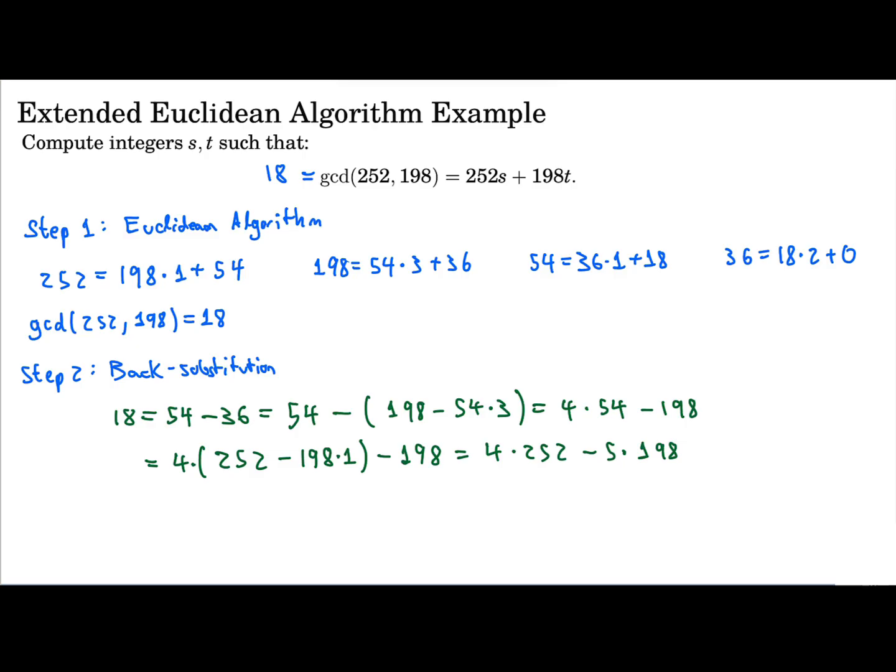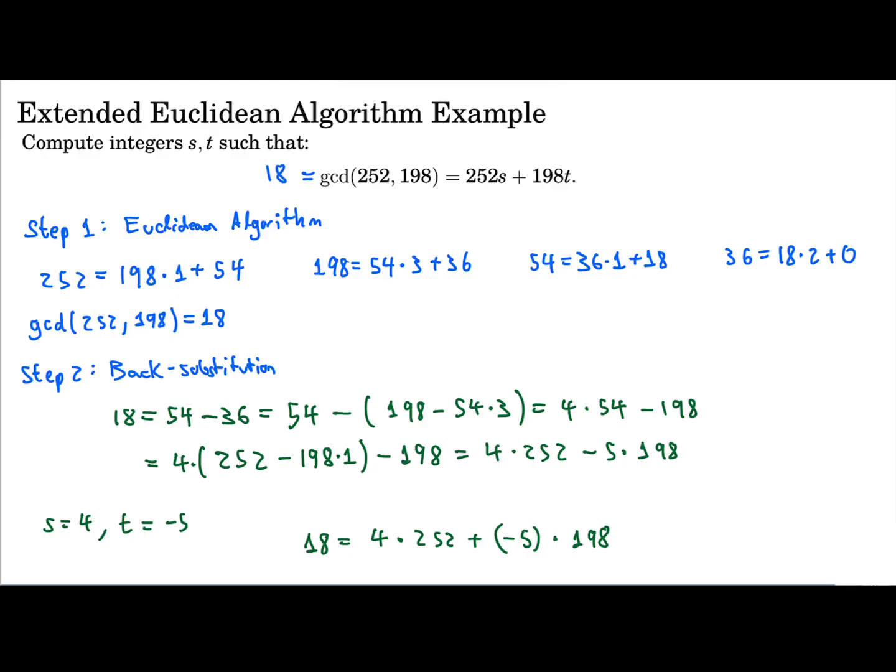Which means that we can just take our s equal to 4 and our t equal to minus 5, and then our GCD, our 18, is equal to 4 times 252 plus minus 5 times 198.